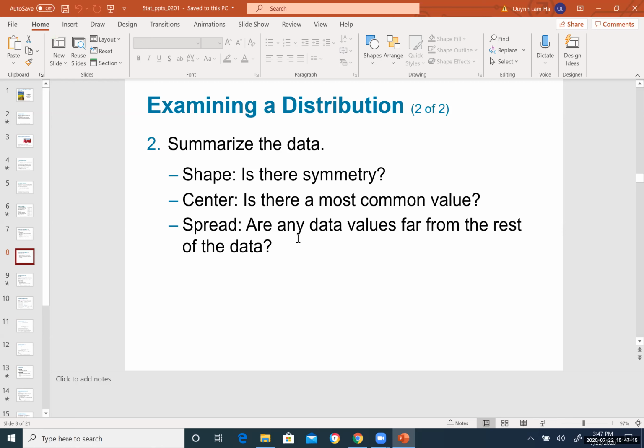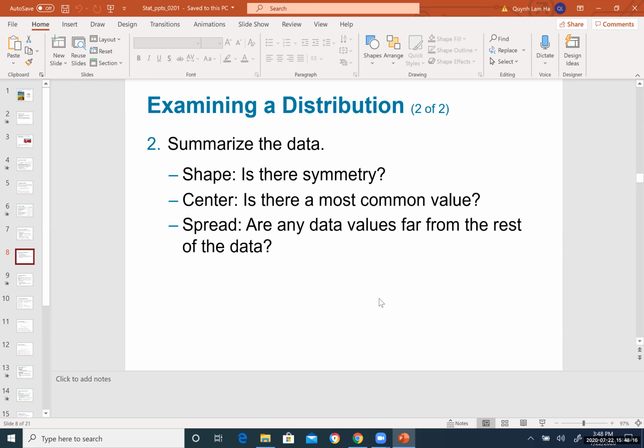So you can easily estimate the value by taking the average or estimating all of the common values. For the spread, the question is whether any data value is far from the rest of the data. If you have found the center already, which is the majority of the data, the spread is how the data goes around it. Like my example, 21, 22, 23, say the number of ice creams that you eat in a year. If you notice the spread in the data set, you will see whether the data is close to the common data or spread all the way out.